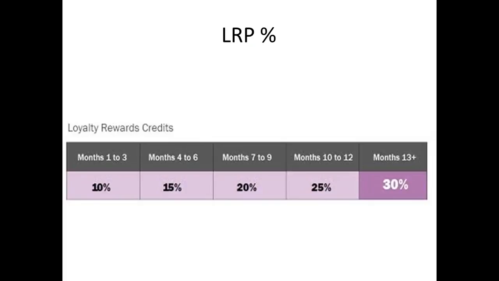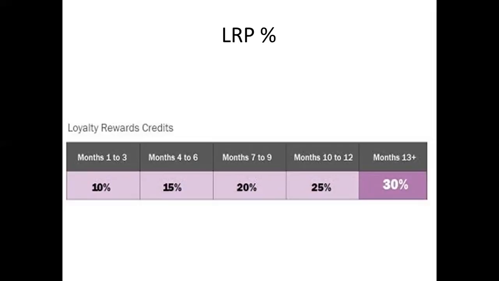Now, after doing that for 3 months, you then jump up to 15%. So on month 4, if you spend 50 PV, you'll then get 15% back in free products. And then by month 7, it jumps up to 20%.